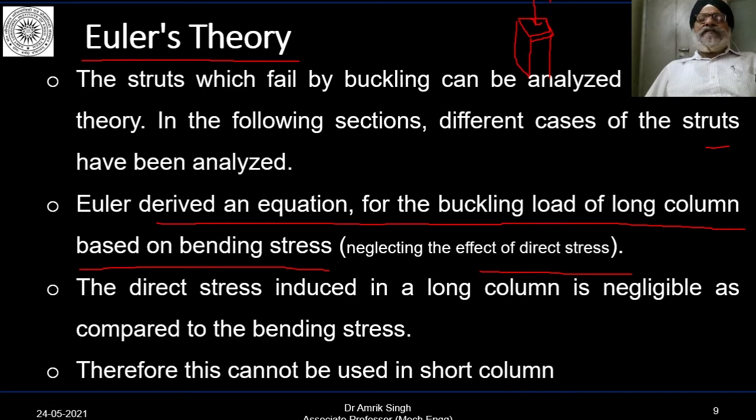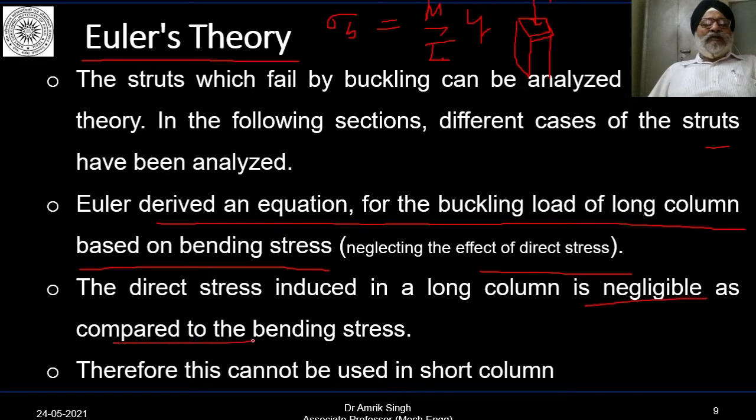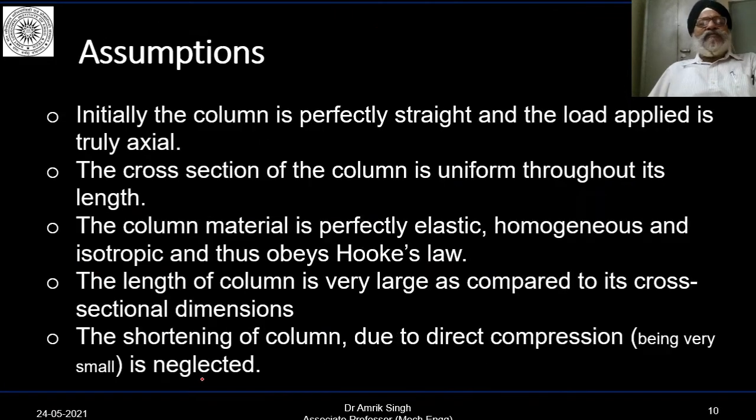But in the case of Euler theory, he has taken the effect of the bending stress, which is sigma B, and it is M upon I into y. The direct stress induced in the column is negligible as compared to the bending stress. Therefore, this cannot be used for the short column.